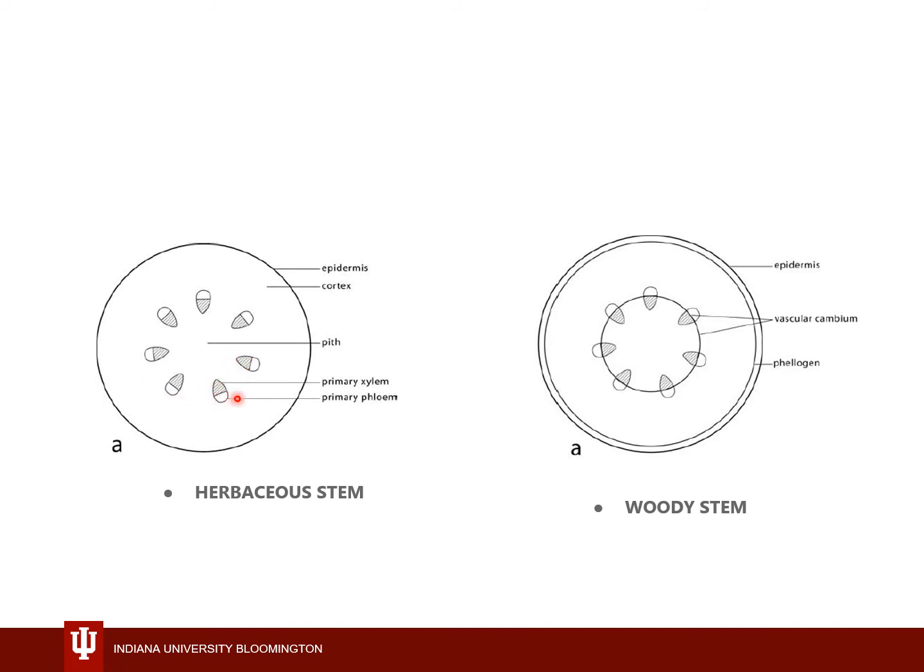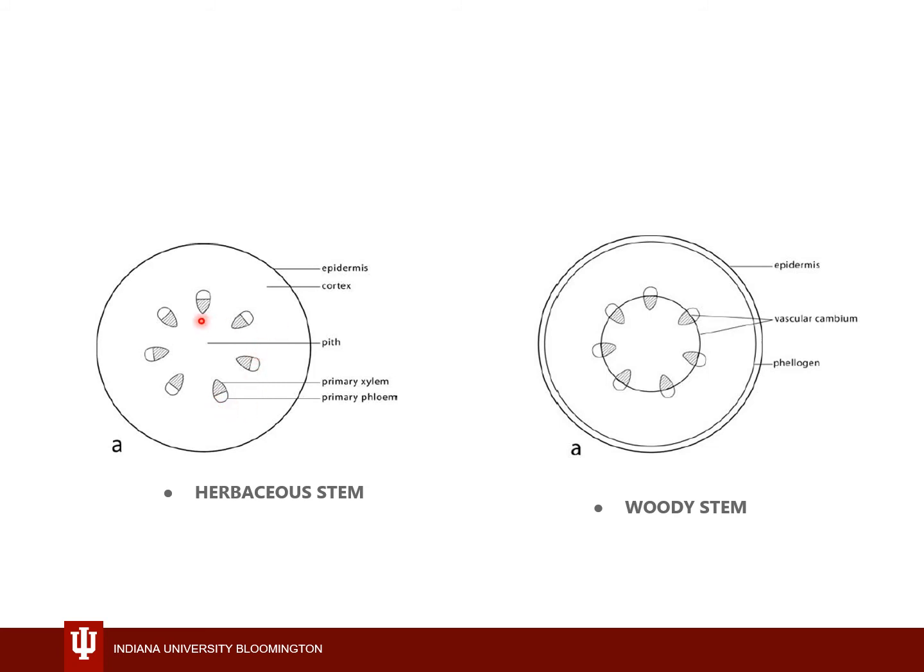But these are vascular bundles, and this is the primary way that plants transport their water and their nutrients. And so you have xylem to the interior, which is used for water transportation, and phloem to the exterior, which is used for sugar, nutrient, and mineral transportation.